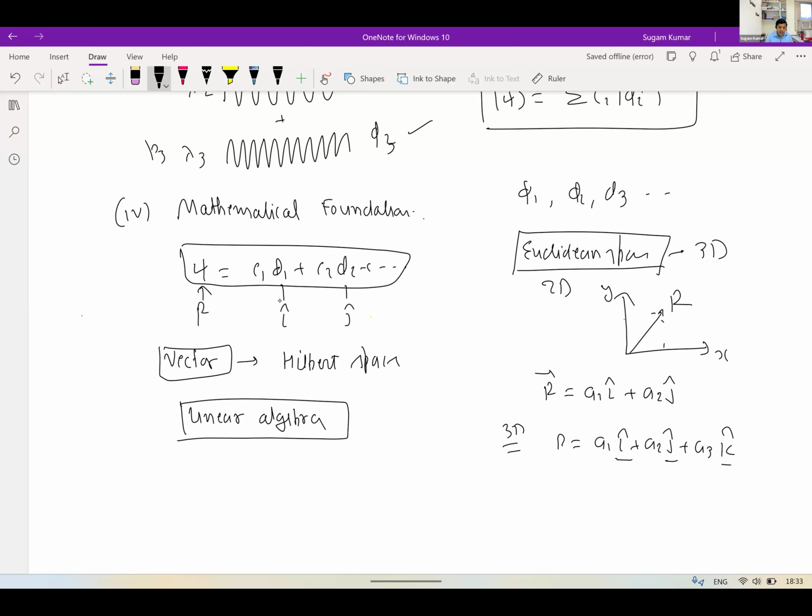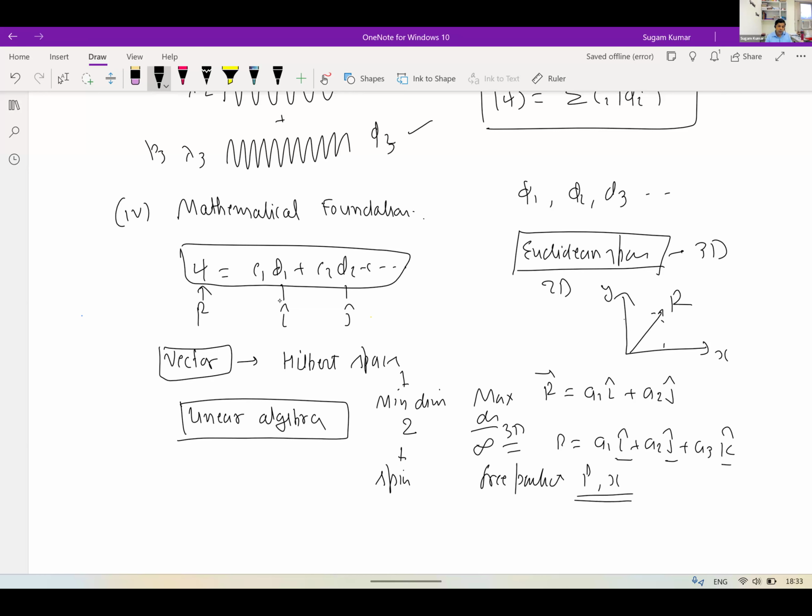And the minimum dimension of this Hilbert space will be 2, and the maximum dimension can be infinite. Minimum dimension, for example, for a spin, and maximum dimension for a free particle, like a position or momentum representation.